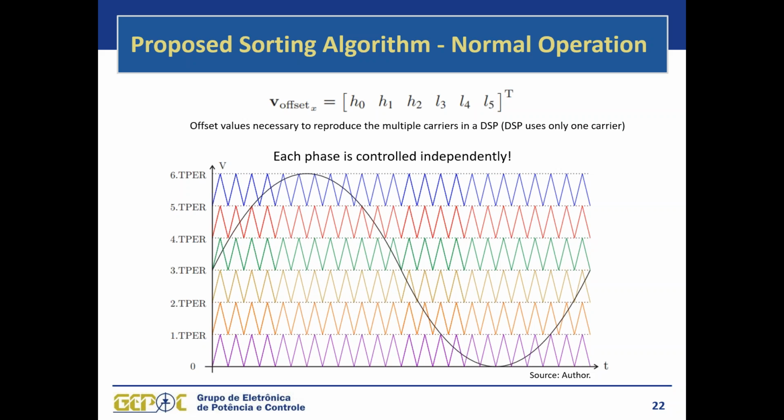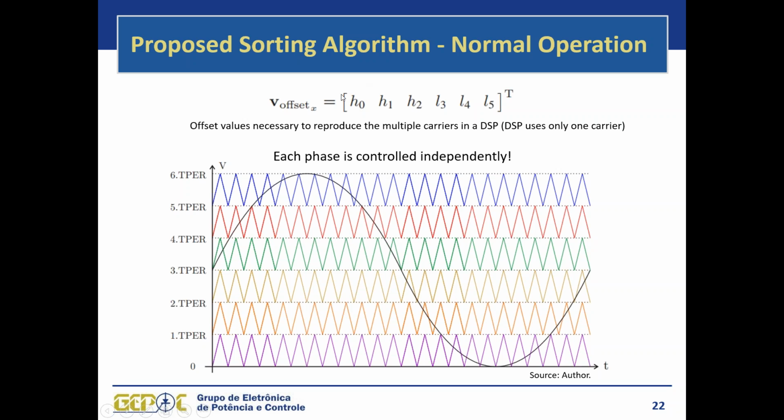It can shift the carriers horizontally, like in phase shift, but we don't have multiple carriers in a DSP in this configuration. So in order to emulate this behavior of the phase disposition modulation in the DSP, we shift the modulating signal. So in order to accomplish this, we have these offset values that are added to the modulating signal in order to emulate the effect of having different vertically shifted carriers.